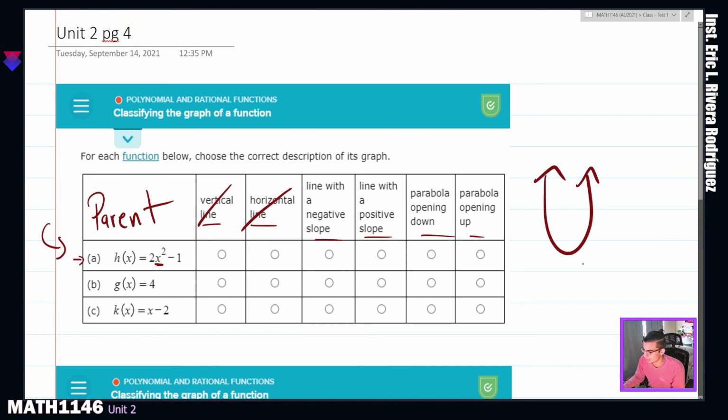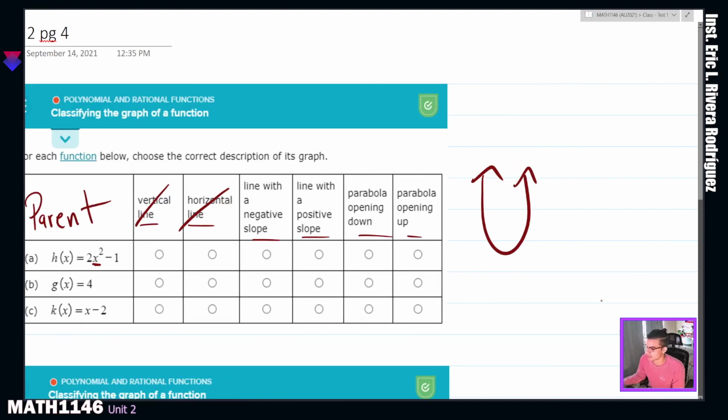A parabola could be opening up or opening down. These are the two possible shapes for a parabola: opening up or opening down.